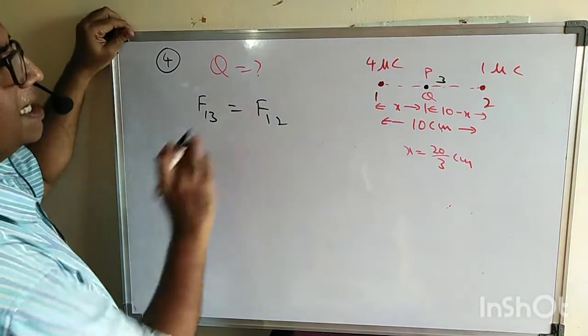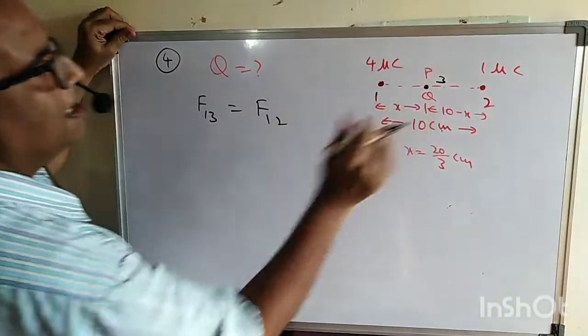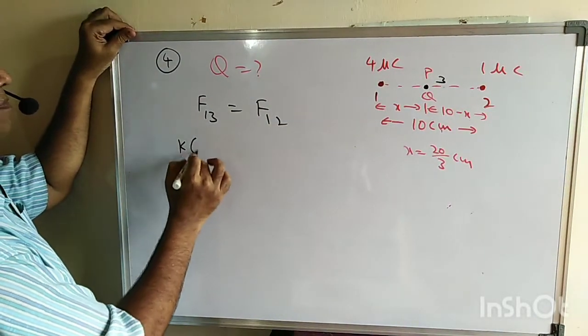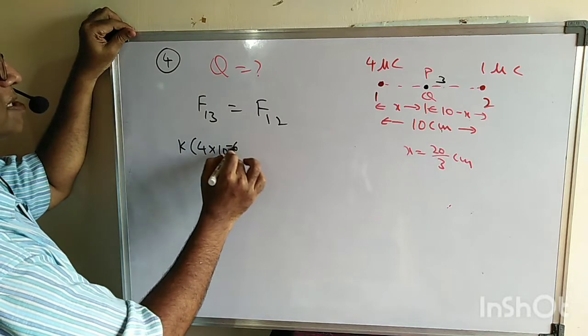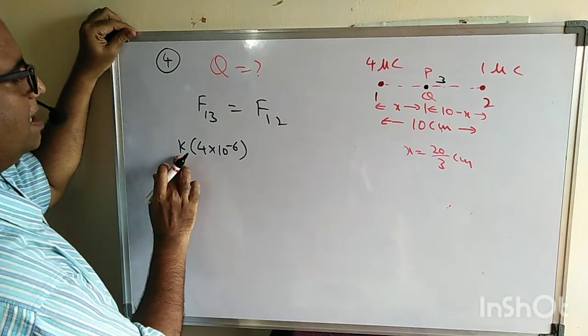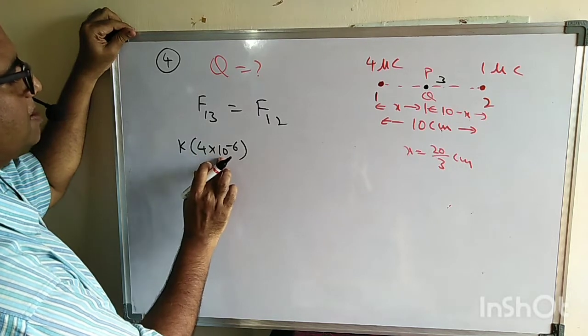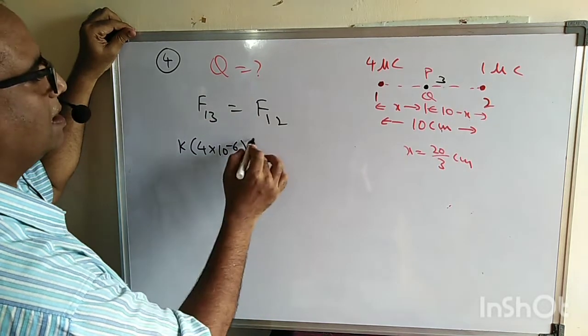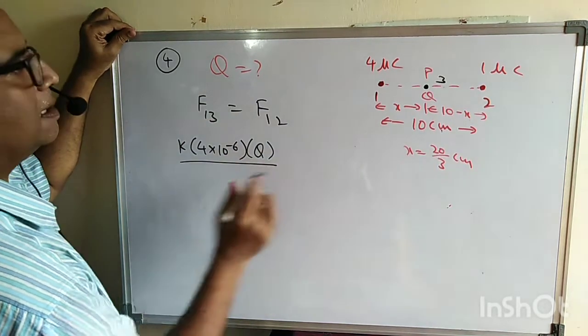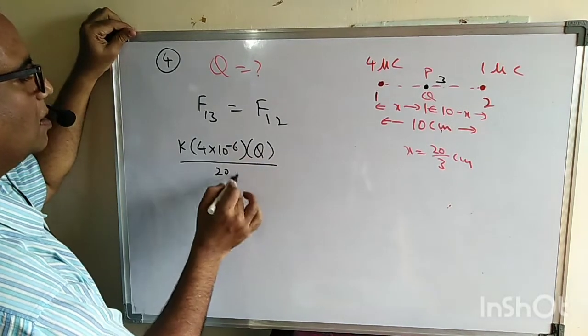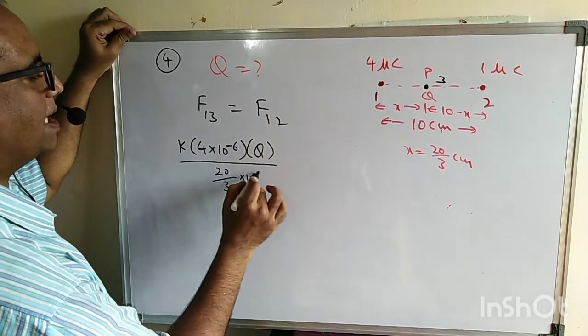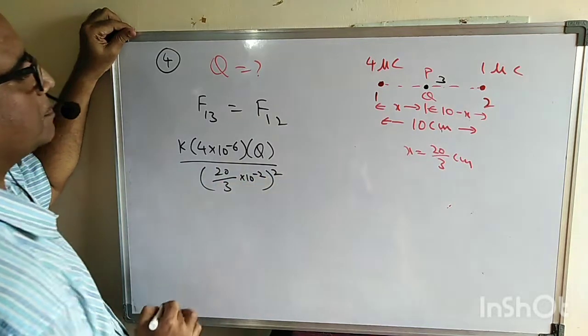Okay, then let us write down what is F13. F13 is equal to K into 4 into 10 power of minus 6, into Q by, what is the distance here? 20 by 3 into 10 power of minus 2 whole square.